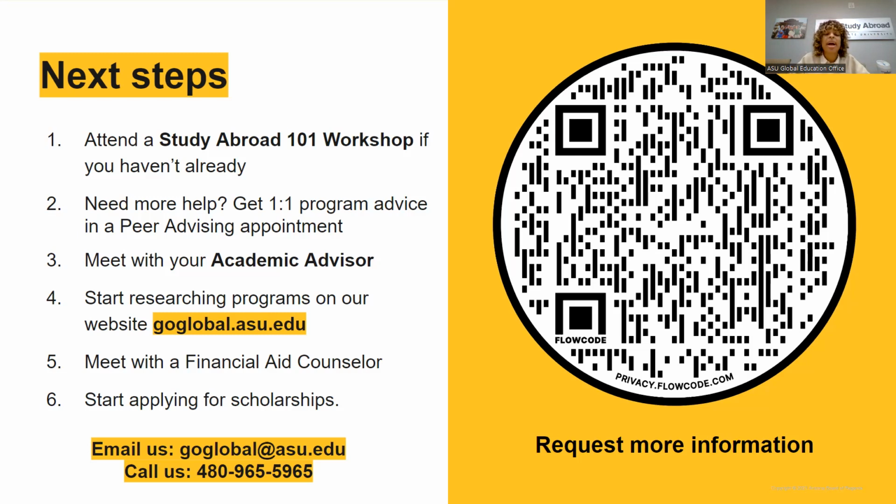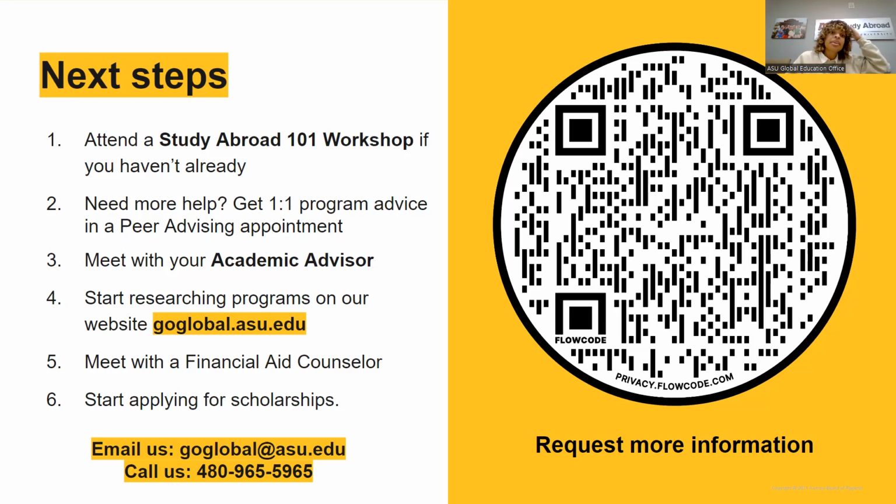If you need more help after that, schedule a one-on-one peer advising with a peer advisor like me, and we can go over any specific questions you have about a region, a country, cultural things, health things. If you need help narrowing down a program, or just need help finding programs, we can do that as well.